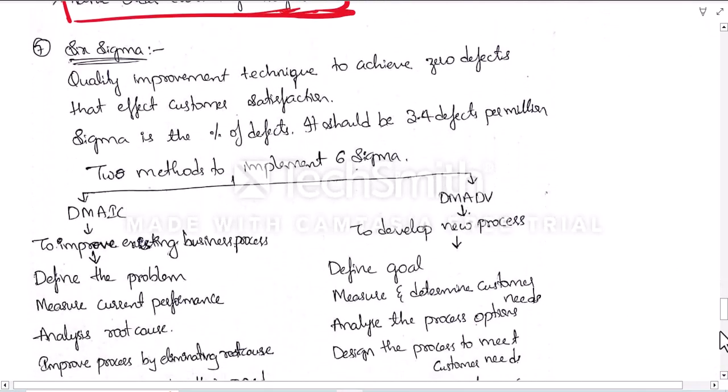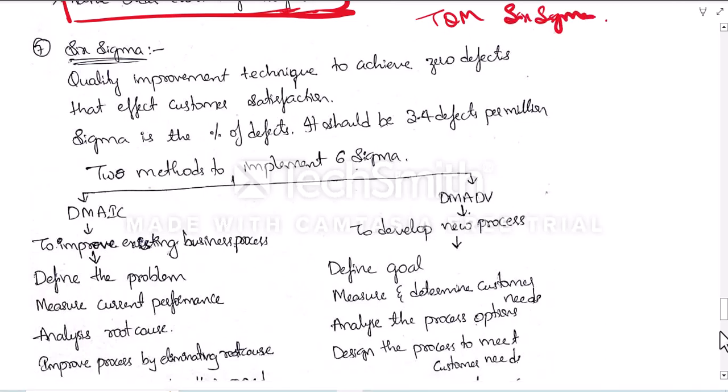Next, Six Sigma. Don't confuse TQM and Six Sigma. See, every scheme in SCMPE is meant to provide quality products to customers and reduce cost and defects. But what is the major difference between TQM and Six Sigma?